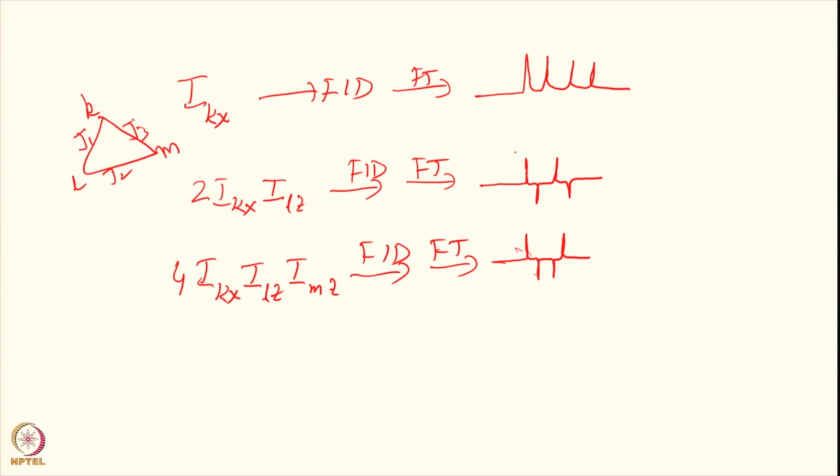So, for this it is plus minus plus minus, and here I have plus minus minus plus. So, 2 negatives: one negative coming from the K to L and the second negative coming from K to M. So, therefore, you will get this kind of a pattern. So, this is the doubly antiphase magnetization. Therefore, this is called doubly antiphase magnetization.